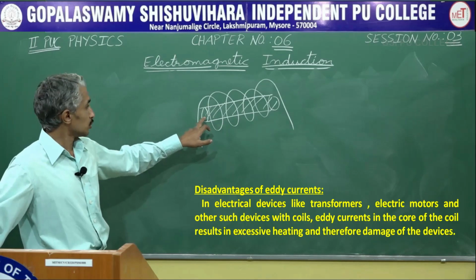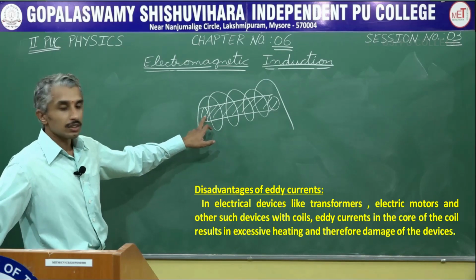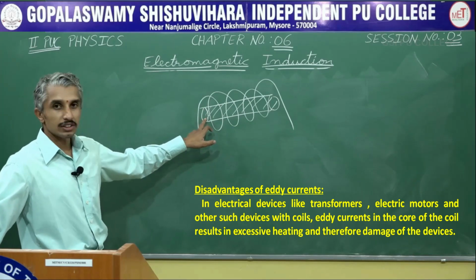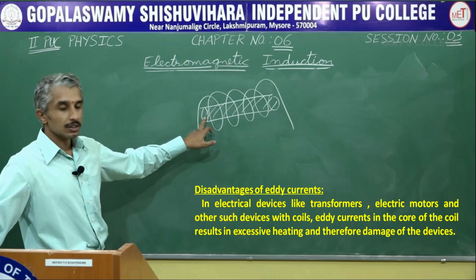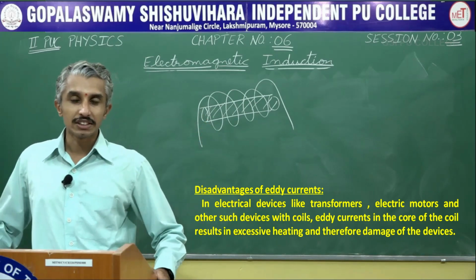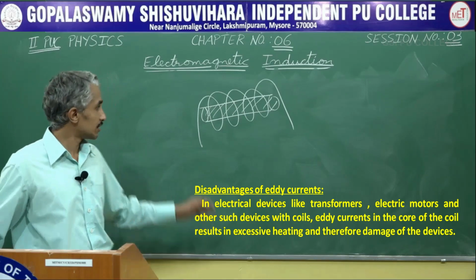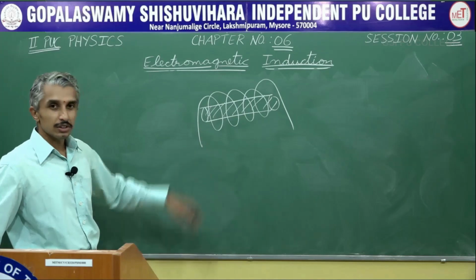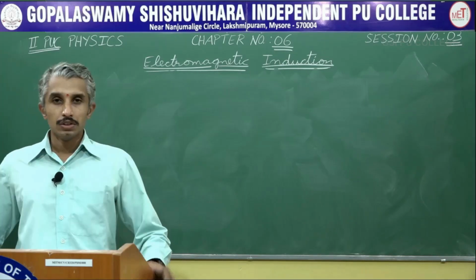So, wherever you are using bulk materials, we experience eddy currents, and if there are eddy currents, there is heat being produced in it. So, eddy currents result in damage or excessive heating in devices like transformers and electric motors. So, to reduce it, what are we going to do?